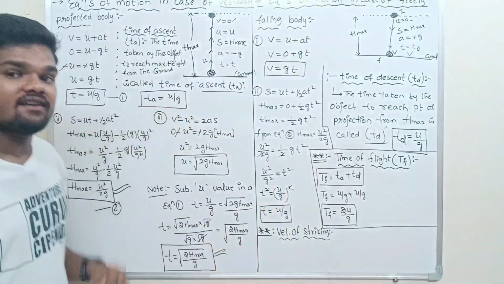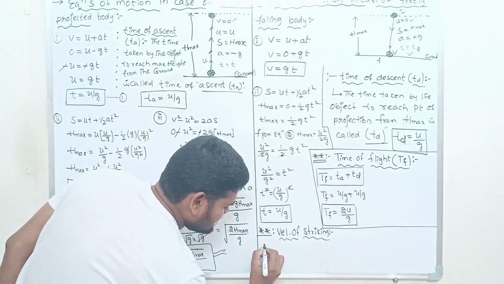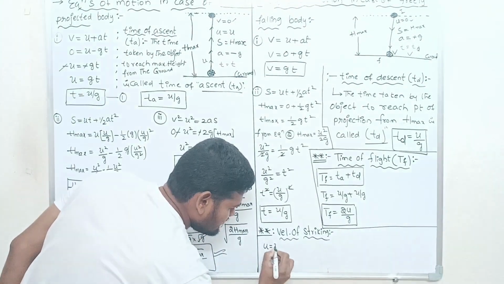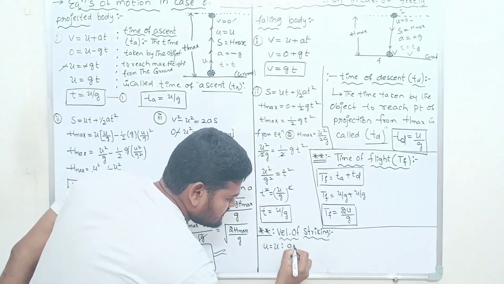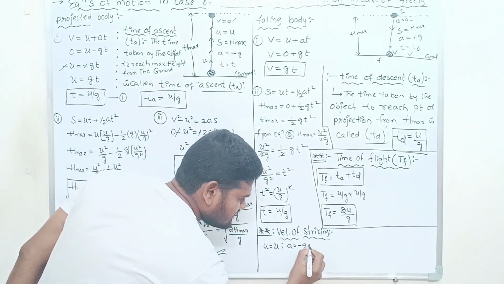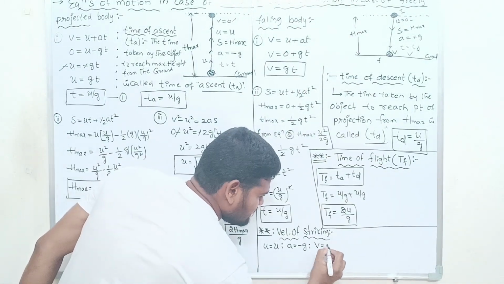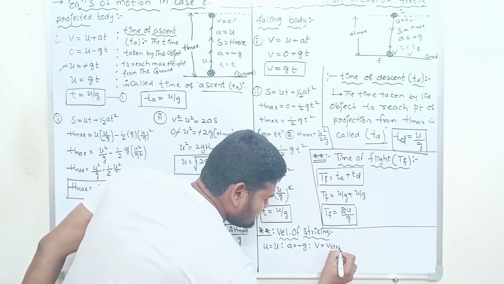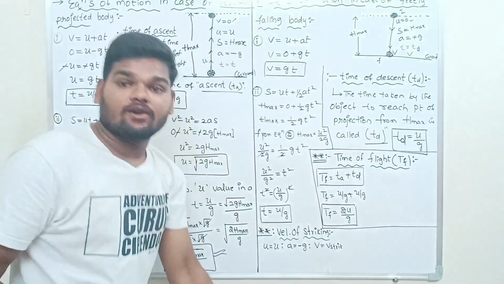So in this case, what is the initial velocity of the object? u. What is the acceleration due to gravity? Minus g. What is the final velocity of the object? v, which is equal to the velocity of striking. What is the time taken by the object to strike the ground?